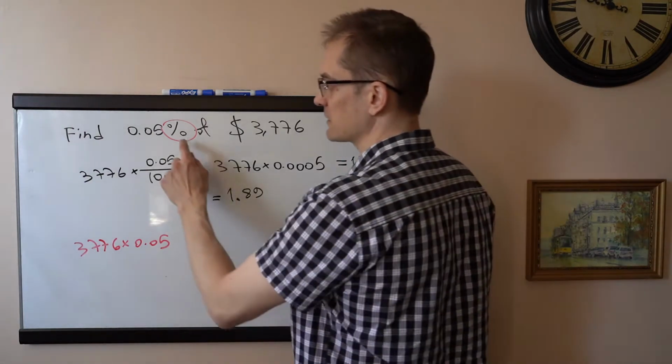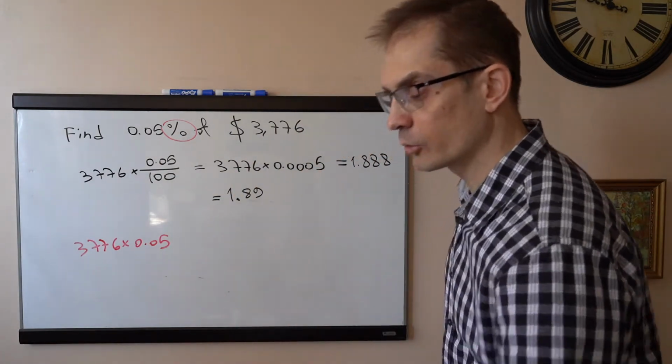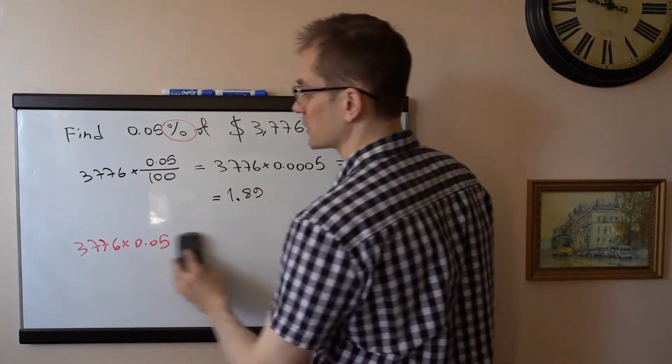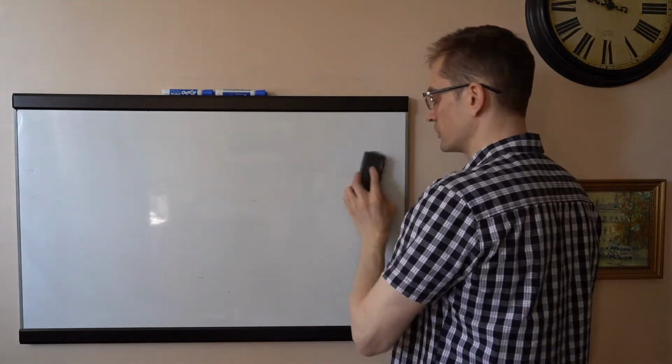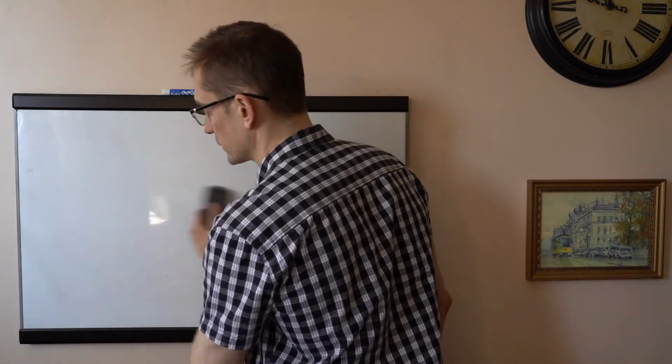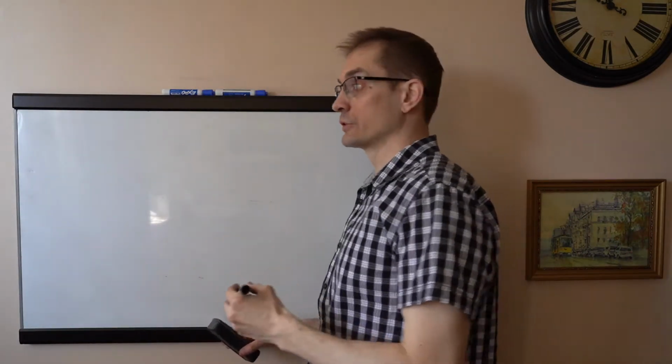But that's not the case. You should never ignore this symbol percent. If you see that symbol percent, it's quantity per 100, even though that quantity can be very tempting to use as already converted percent.